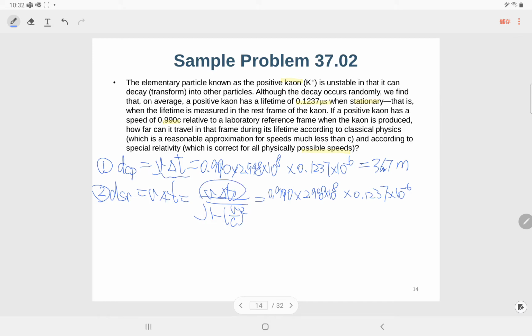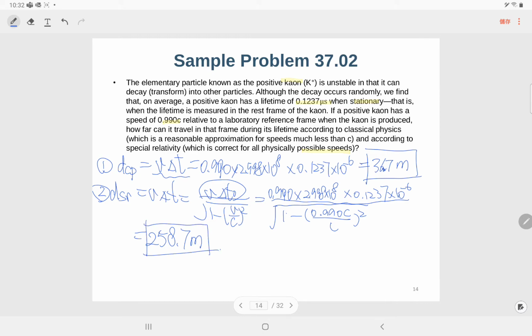And then for the denominator, it is 1 minus 0.990 c over c, and then squared. Take the square root. So it moves for 258.7 meters. So this is for classical physics. This answer considers the special relativity effect.